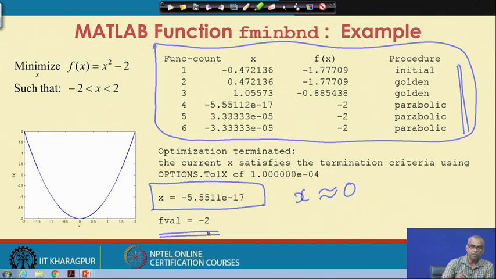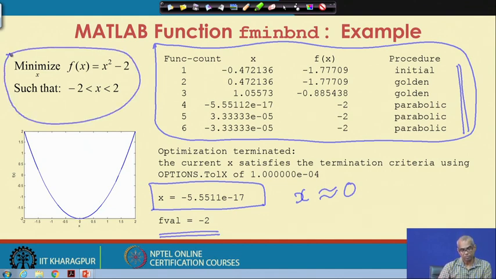It is a single variable function. So, you can simply plot this function as we have done here, and you can locate the minimum at x equal to 0, corresponds to f x equal to minus 2. So, obviously, you get the same solution.